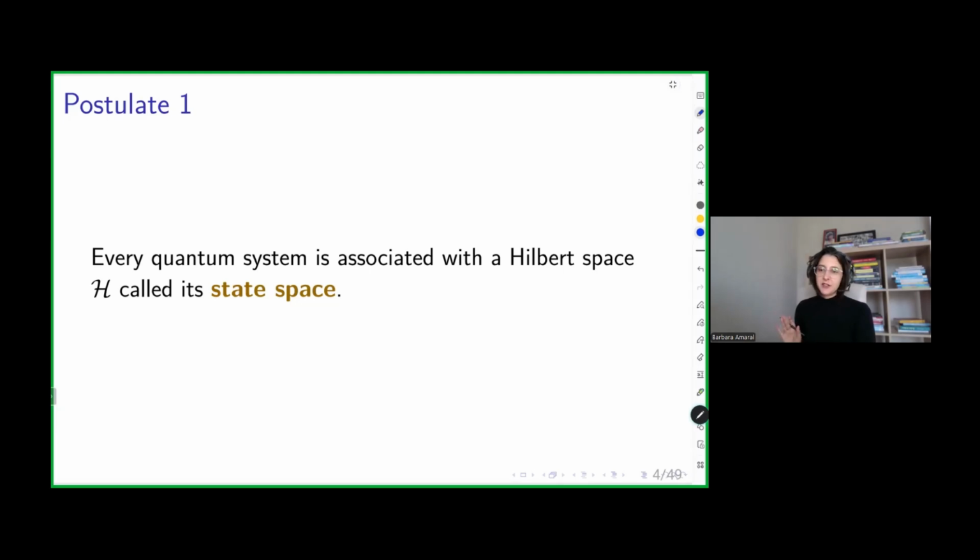For now, it's just a vector space with complex entries in the vectors. This space is what we call the state space of this system, and it's the set from which we will take these objects that tell us how the system was prepared.